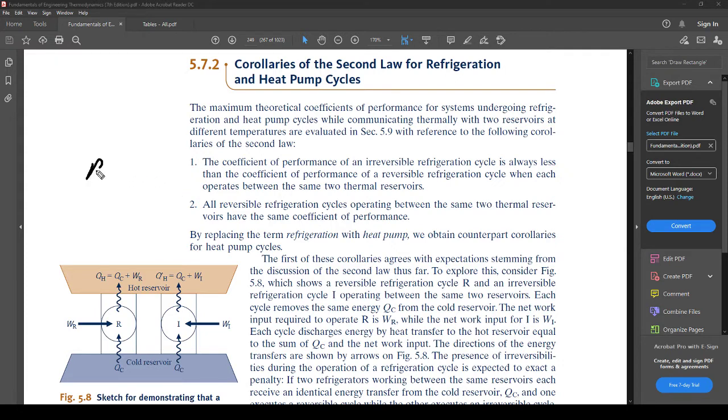What it's saying is that beta must be less than beta max right here, or gamma max if it's a heat pump. And then it says, all reversible refrigeration cycles operating between the same two thermal reservoirs have the same coefficient of performance. So the same thing as before. If you have the two temperature reservoirs, one cycle operates at that reservoir and the other cycle operates at the same one, they both have the same efficiency. Because Carnot cycle efficiency and beta only rely on temperature and nothing else.